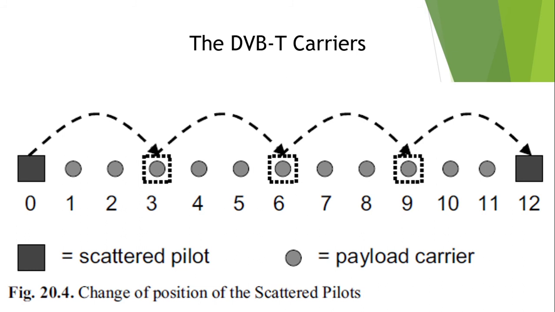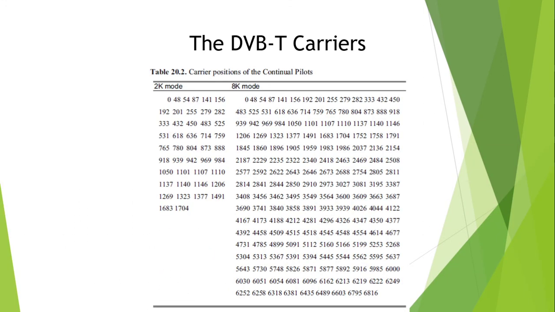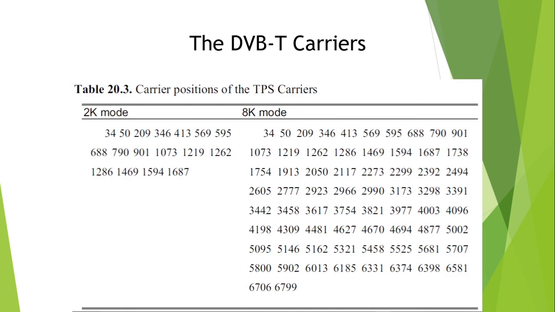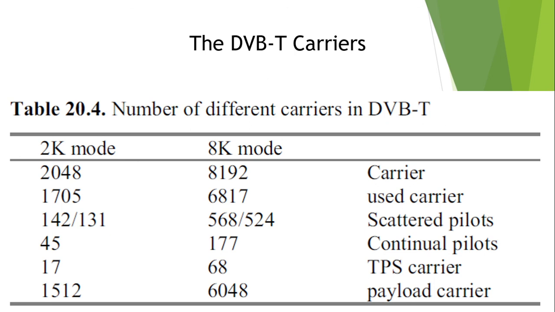Some of the scattered pilots occasionally coincide with the position of continual pilots, which is why the number 132 should be used for calculating the actual payload carriers in the case of scattered pilots in 2K mode. The conditions in the 8K mode are comparable. Here too, not all the 8,192 carriers are being used, but only 6,817 are used, of which in turn only 6,048 are actual payload carriers.